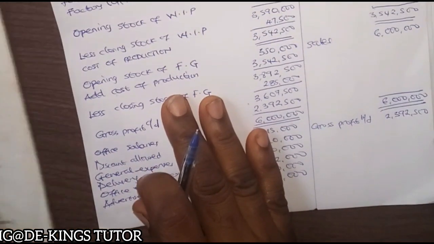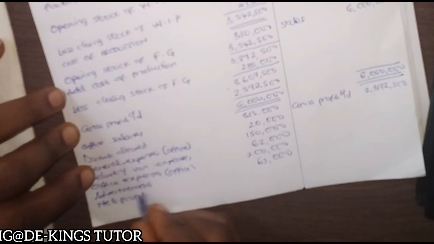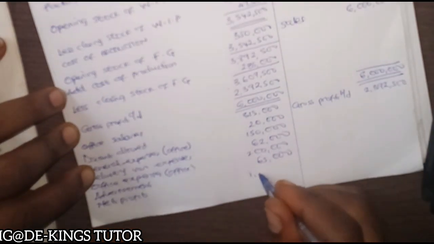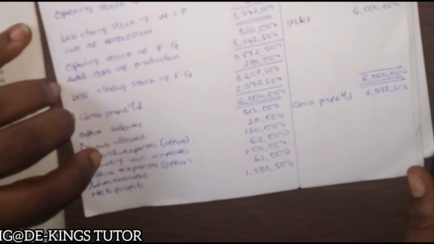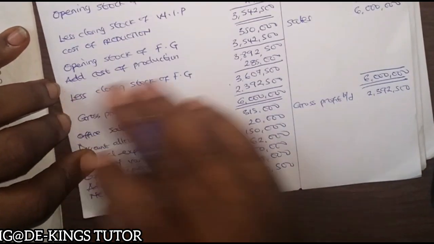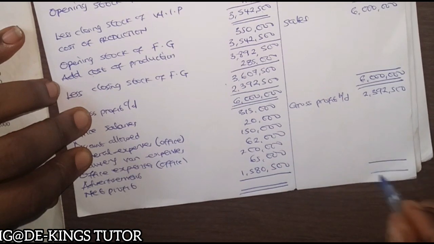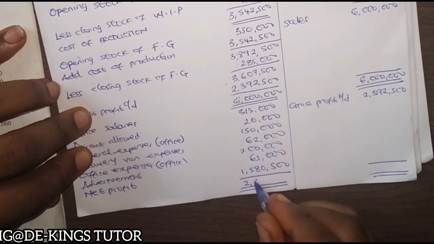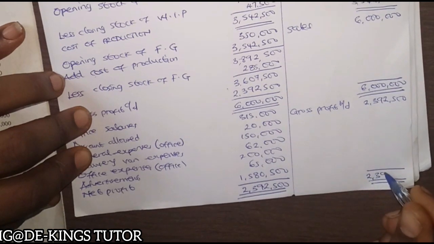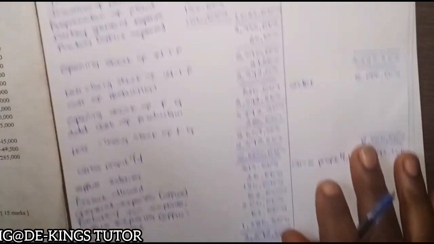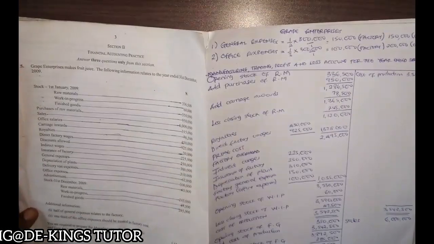So our net profit will be 1,580,500. So these two will balance. So this will now be 2,392,500. So that's how to prepare the manufacturing trading profit and loss account.